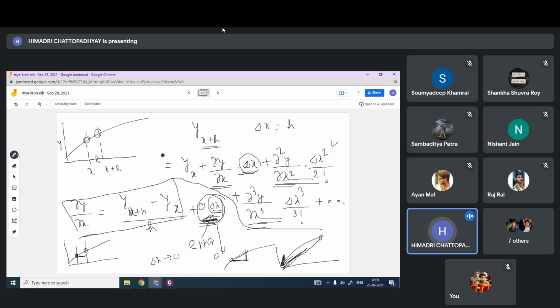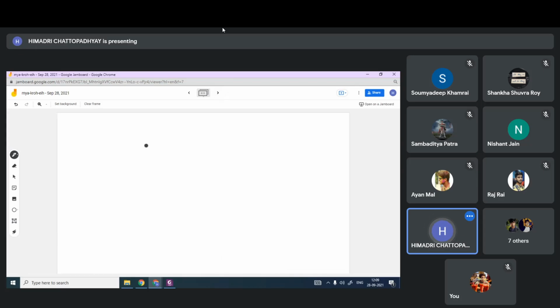You are neglecting terms, and the error starts from the first order term. So this is called first order accuracy. So you have to keep in mind that we therefore need close spacing. How close? You can find out by numerical experiment.